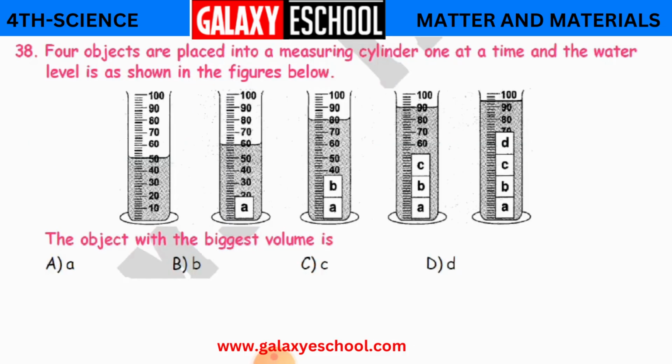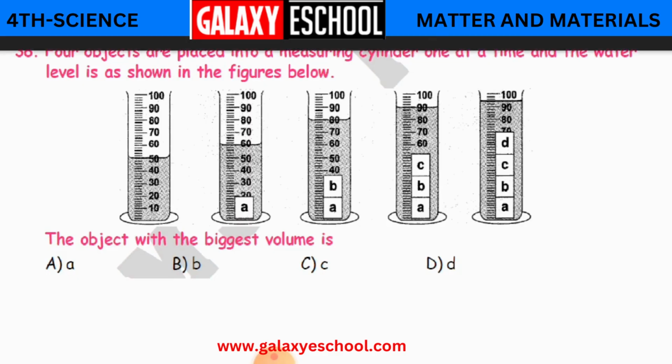Now here, the 38th question. 4 objects are placed into a measuring cylinder one at a time and the water level is as shown in the figures below. The object with the biggest volume is? See here, 4 objects are placed into a measuring cylinder one at a time. So what happened is first you have taken a measuring cylinder and you poured water.